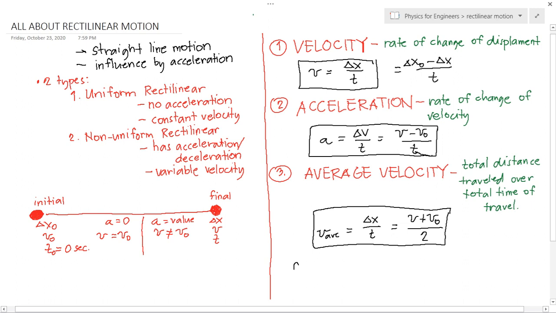So, from the three equations or from the 3 criteria, you can derive the 5 kinematic equations used to describe the rectilinear motion.